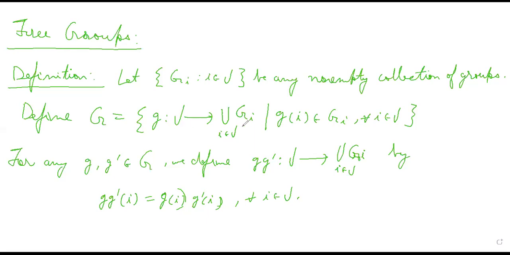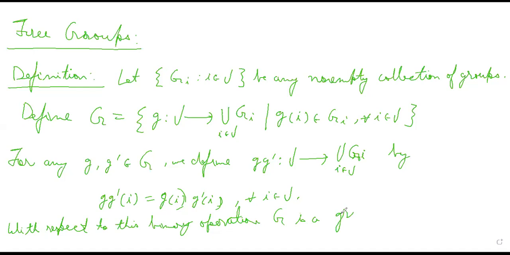From here you see, with respect to this binary operation, capital G is a group.